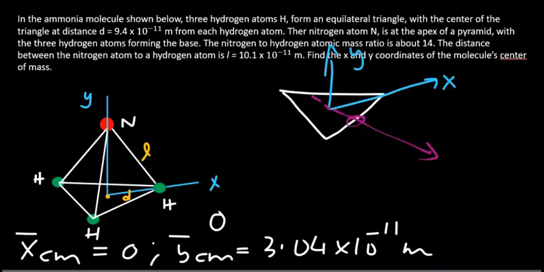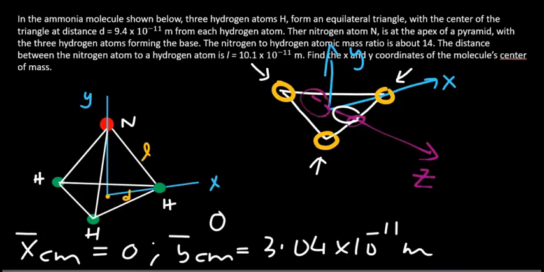It's natural to ask what happens to the z-axis. So in this diagram we have sketched the z-axis. So you have one hydrogen atom here, one hydrogen atom there, and one hydrogen atom there. The z-coordinate of this hydrogen atom, as you can see, is 0 because it lies exactly on the x-axis. The z-coordinate of this hydrogen atom is positive that number. The z-coordinate of this hydrogen atom is negative of that number.